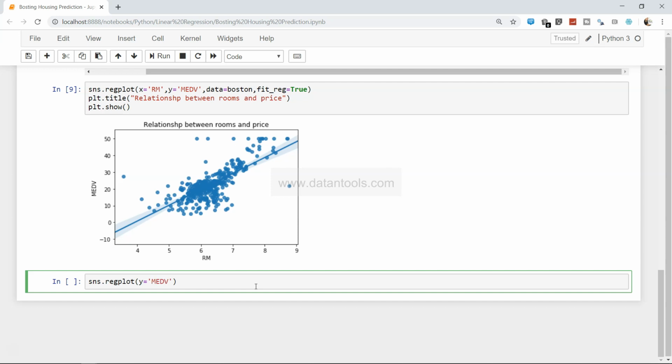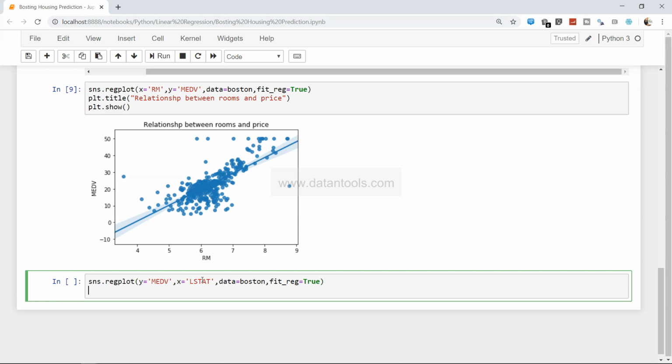We can have x or y first. In the previous case we had x first and y later. I can even have y first, so there is no issue with the ordering of the parameters. It's just where we want to put the columns over here. So data equals boston and fit_reg equals True.